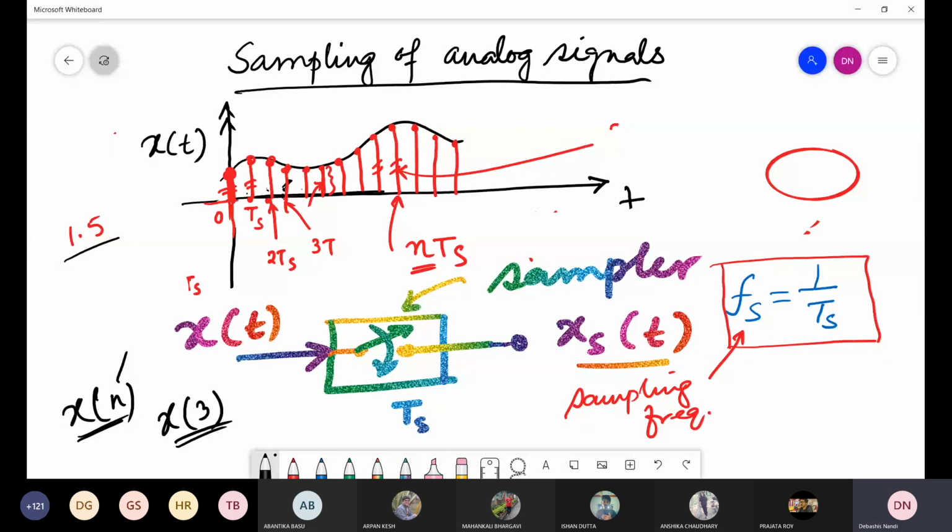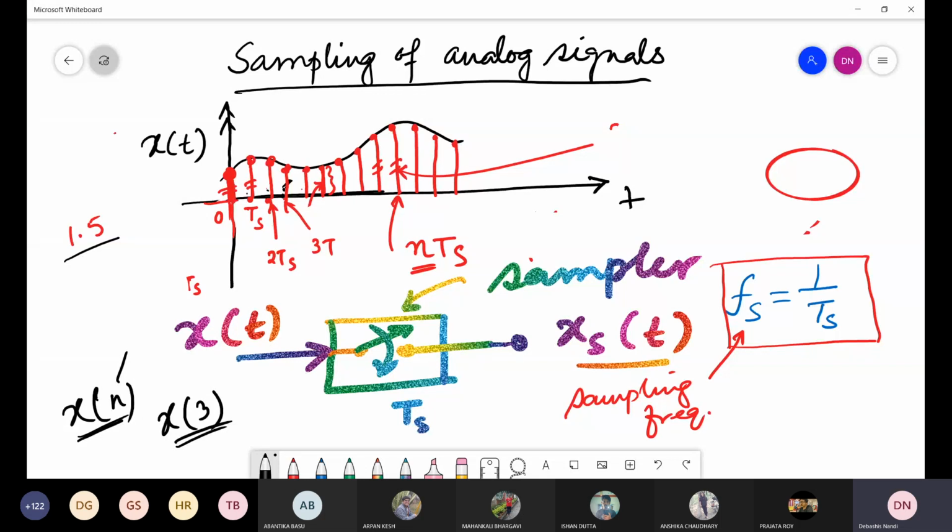Since this number is a real number, if you want to represent this sample value using binary digits, because ultimately what is our aim? Our aim is to process the sample values using a digital device. And a digital device can handle only binary digits, 0 and 1.